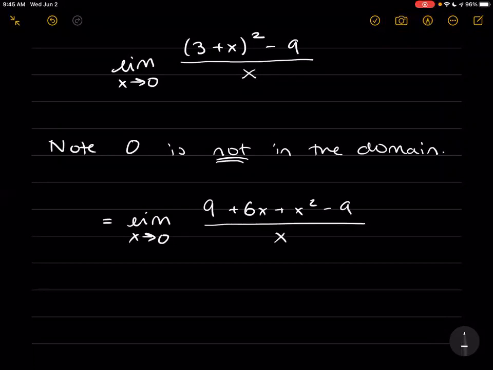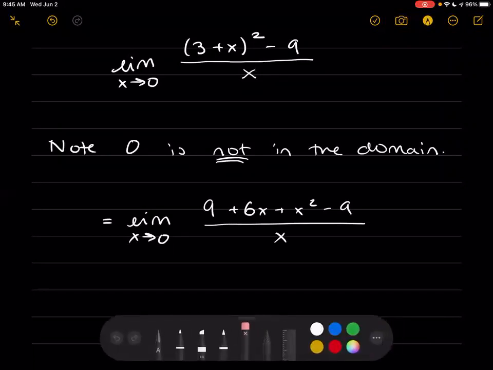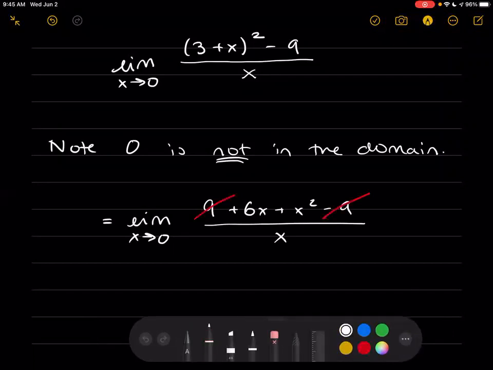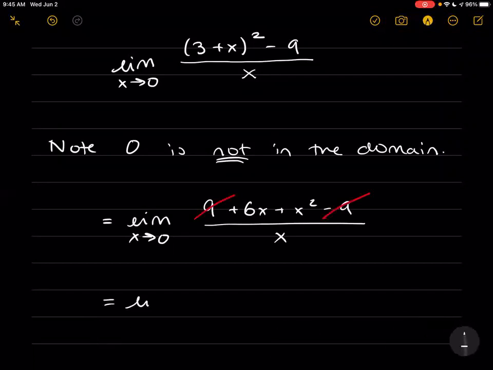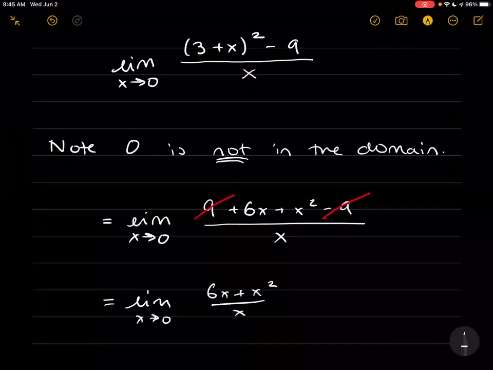Now I can see that these 9s cancel, so let's go ahead and cancel those out. We get the limit as x goes to 0 of 6x plus x squared over x. Now I see a common factor of x in the numerator, so I'm going to pull that out.